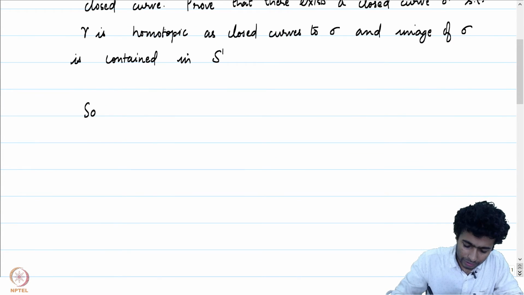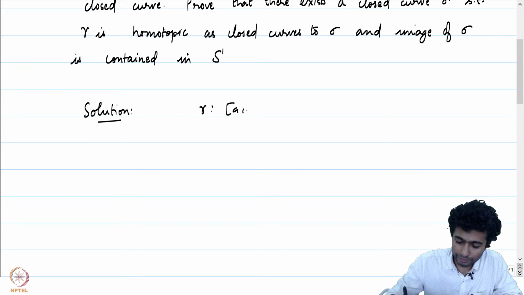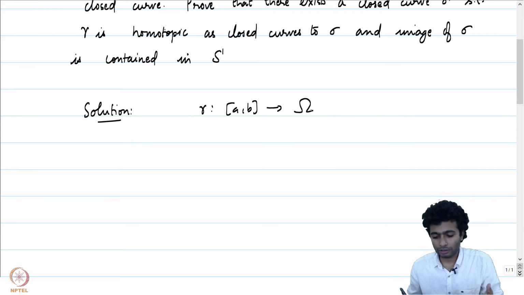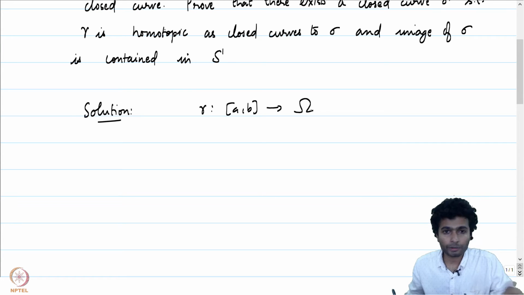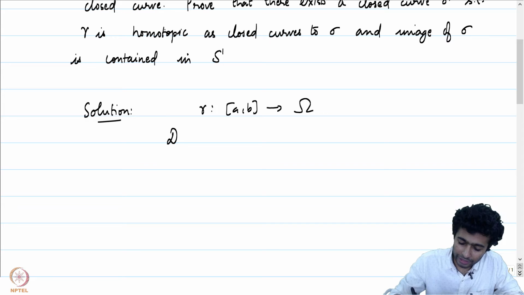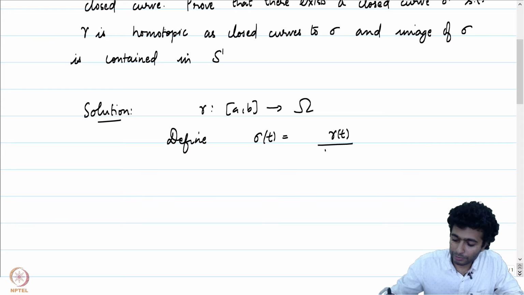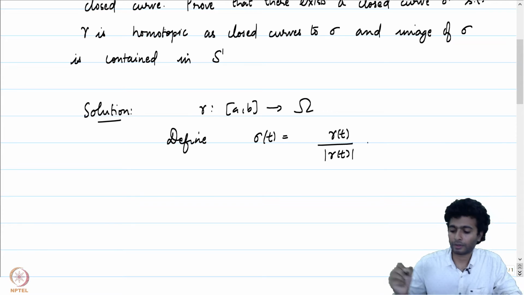Let's give a solution to this. This is quite straightforward. We already start off with gamma, which is a closed curve in omega, and because omega is C minus 0, it means that gamma of t is not equal to 0 for every t in AB. So let's define sigma of t to be equal to gamma of t by the absolute value of gamma of t.